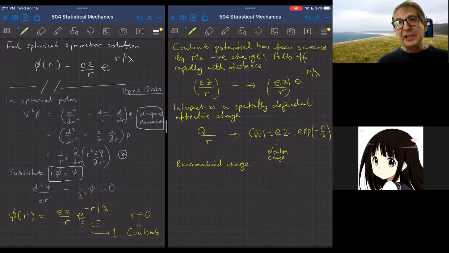And it's exactly this same idea that happens in quantum electrodynamics. In quantum electrodynamics, you have an electron, but what the electron does is polarize the vacuum. And so you preferentially get positrons excited from the vacuum that cluster around the ordinary electron.